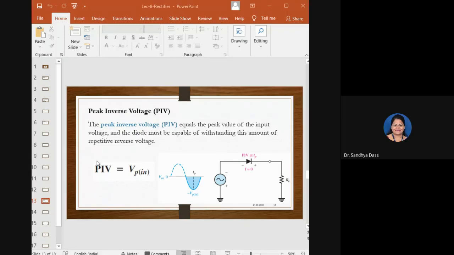So that is PIV, peak inverse voltage. Peak inverse voltage is nothing but the peak value of the input voltage the diode must be capable of withstanding during the reverse voltages. All these are important parameters we have to remember for the rectifier circuit.